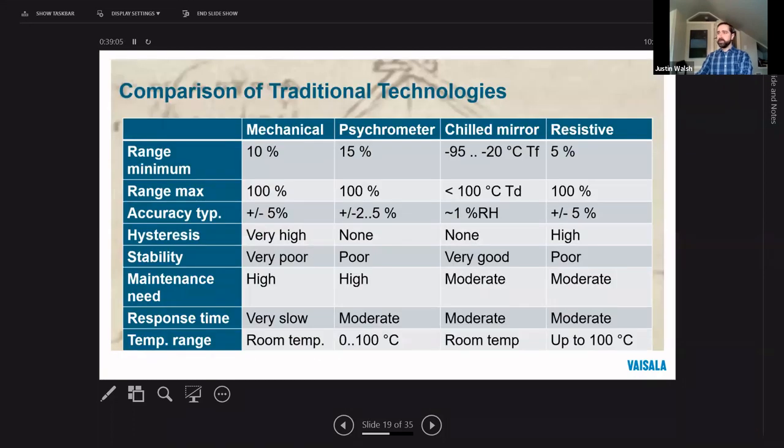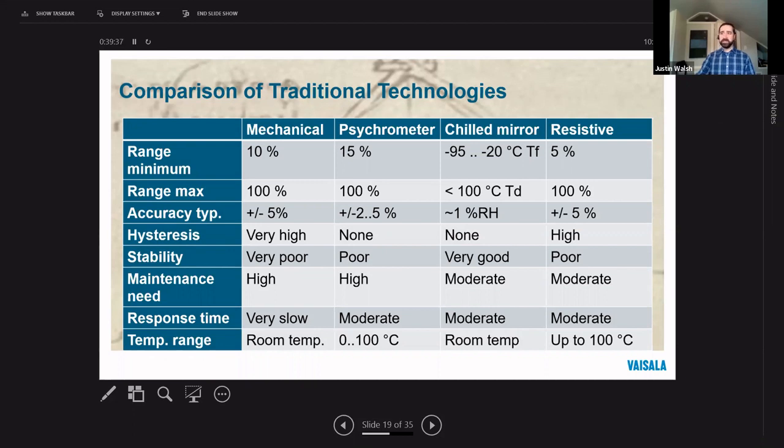This table gives us a rough comparison of the technologies available in around 1970. They all have their advantages and drawbacks. The mechanicals are slow and delicate with too many inconsistencies and poor stability. Psychrometers get dirty and can drift. They need a lot of maintenance too, as you need to keep the wet bulb wet. Chilled mirrors have a high accuracy that makes them very desirable in reference instruments, but maintenance, portability, and cost considerations make them less ideal for most applications.